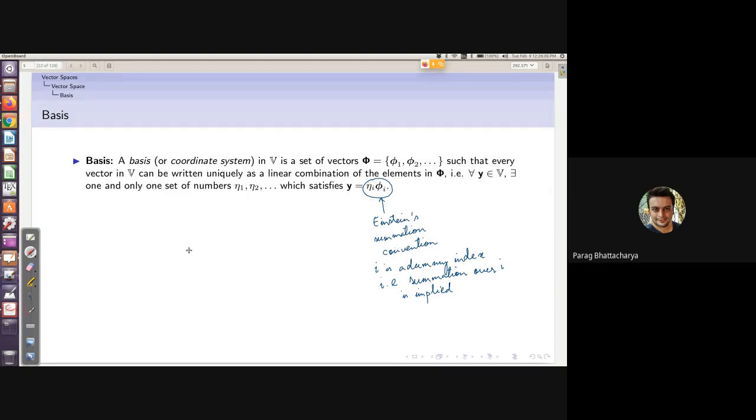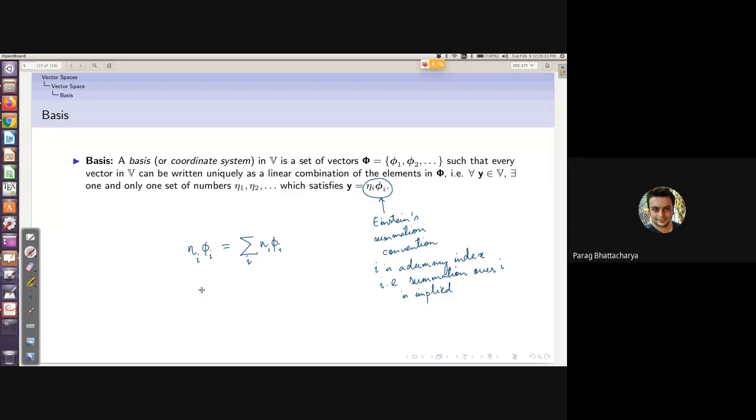So when I say eta_i phi_i, this is a dummy index because it has been repeated. Because it has been repeated, the summation over i is understood. That means the summation is carried out over this small i.